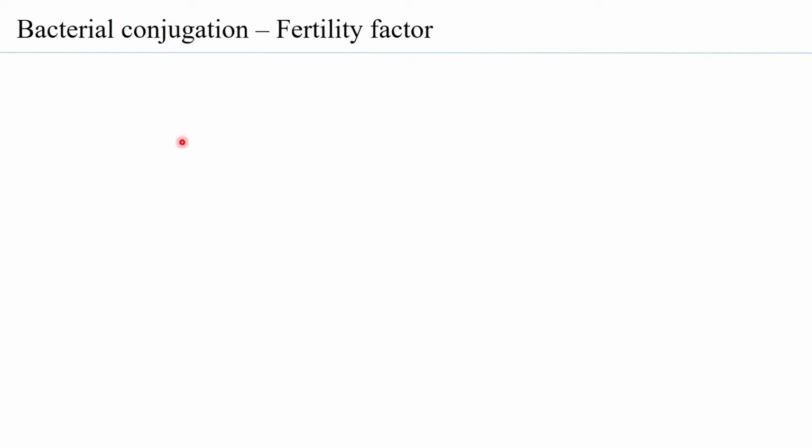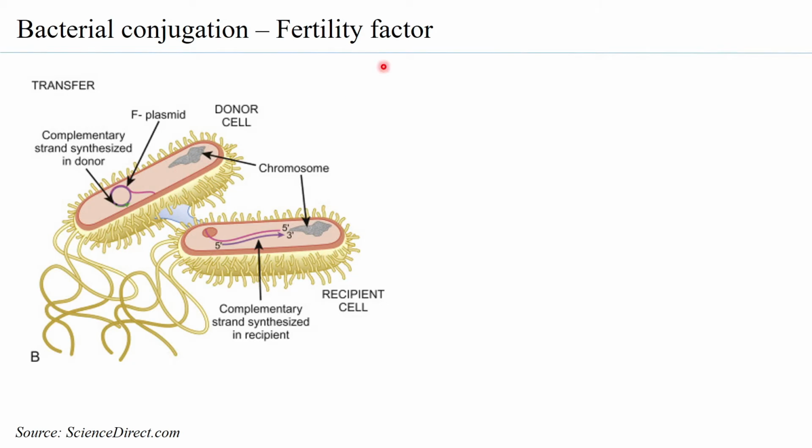Now, many bacteria have a plasmid that is called the fertility factor. It is also called the F plasmid. Interestingly, all the bacteria that have the fertility factor can carry out conjugation, which means that the fertility factor is a conjugative plasmid.